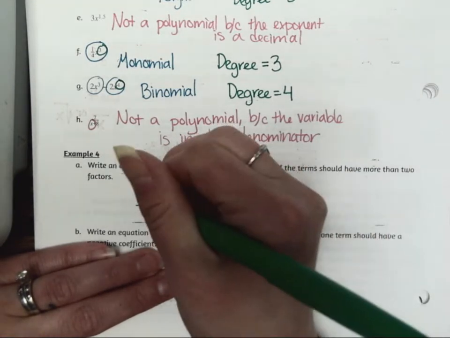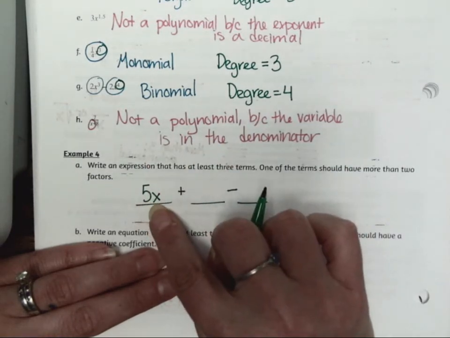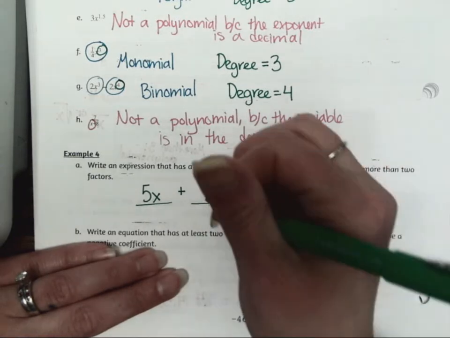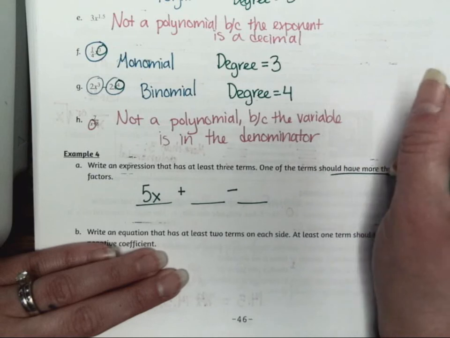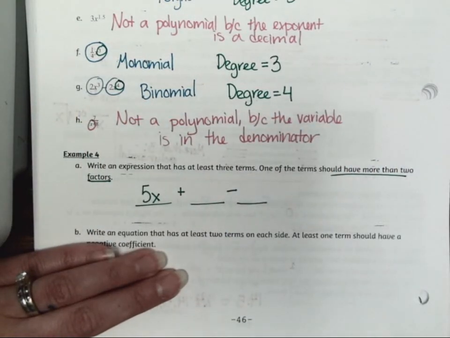So let's say that I want to have 5x. So I've got 5 times x. Let's make sure that one of the terms has more than 2 factors. So let's try to have it have 3 factors.